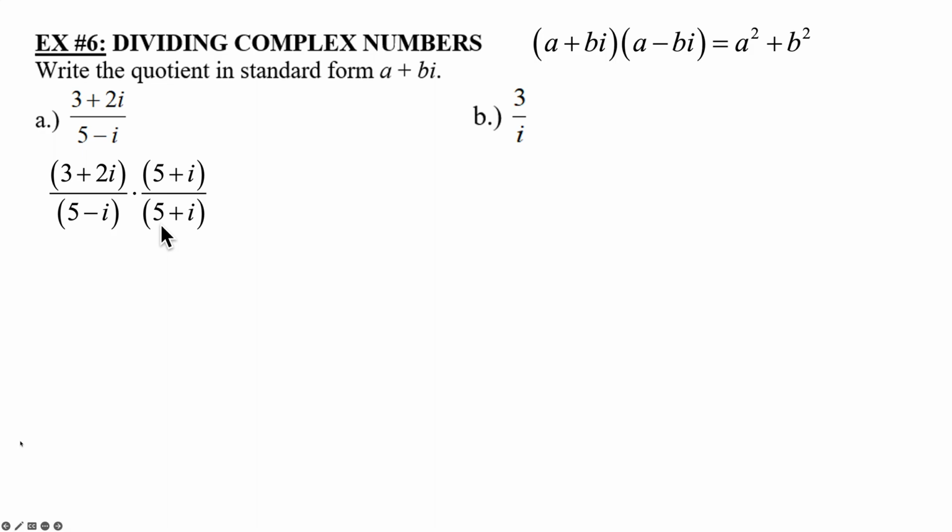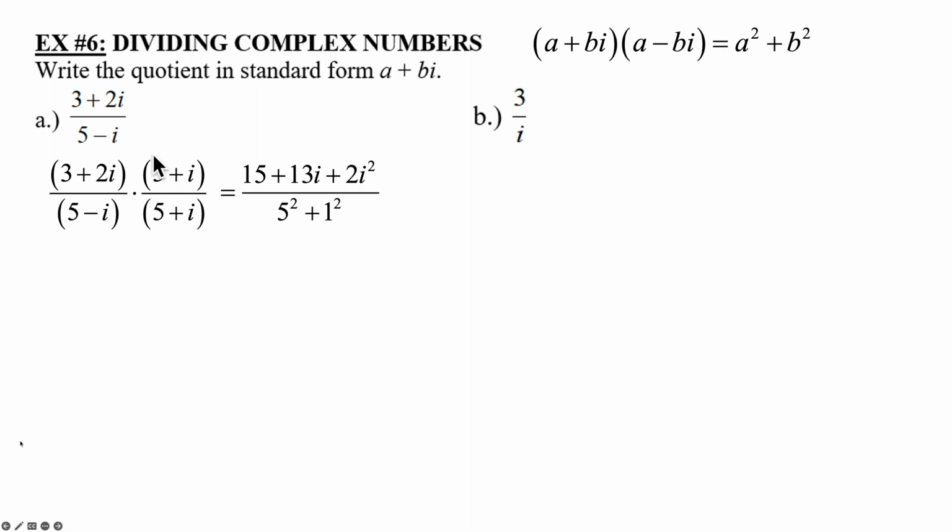Remember we did that when we were verifying trig expressions? 1 plus sine of theta, then we multiplied it by 1 minus sine of theta and created a Pythagorean identity. Yep, still works right here. Based on the rule, this is going to be 5 squared plus 1 squared on the bottom. That's 25 plus 1, which is 26. On top, unfortunately, you've got to FOIL it out. 3 times 5 is 15.